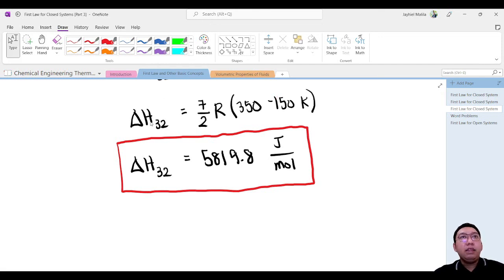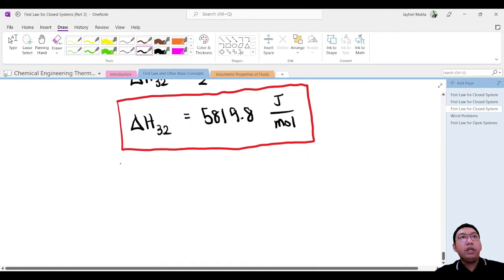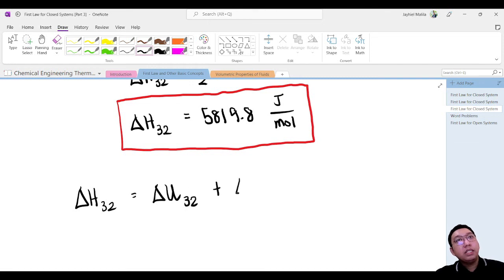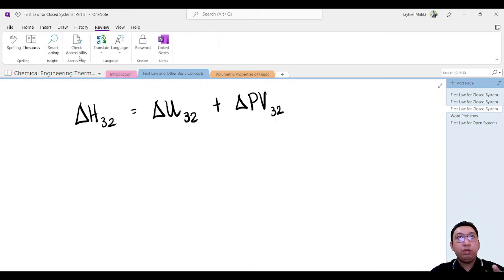Okay, and then for the delta U, remember that the relationship is delta H32 is equal to delta U32 plus delta PV32. So let's try to manipulate everything first before we substitute.